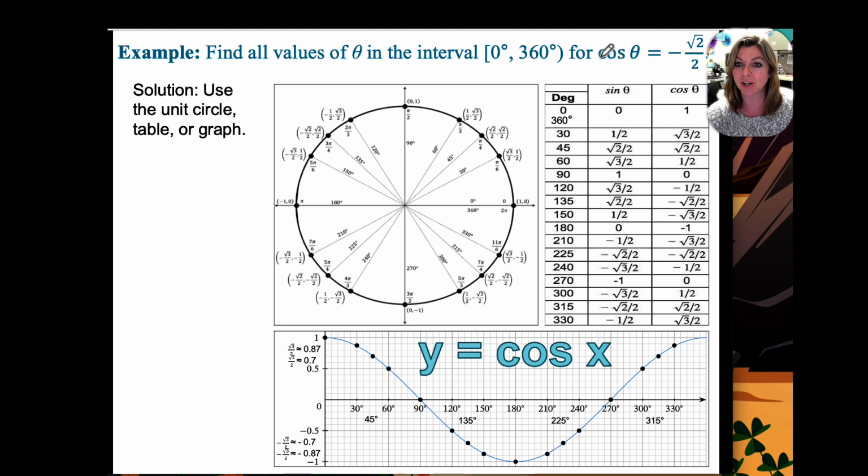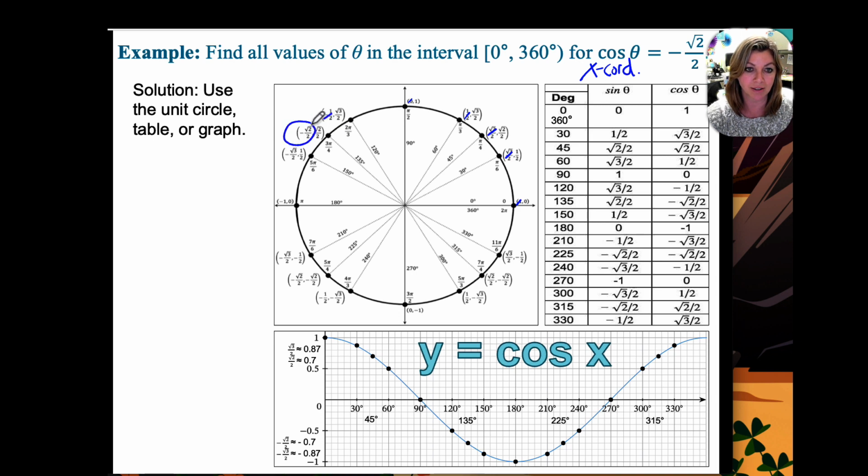We're being asked to address cosine of a certain angle, and we know that cosine is the x-coordinate. So when we go to our unit circle, we want to be looking at the x-coordinates of these quadrantal angles and special angles. Looking at the x-coordinates, we want to find the ones that are negative radical 2 over 2.